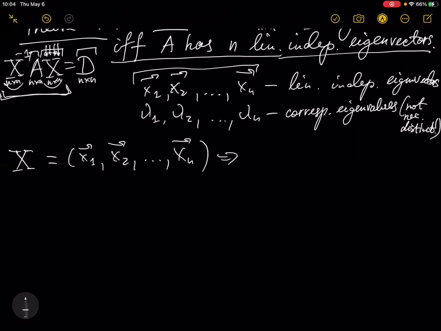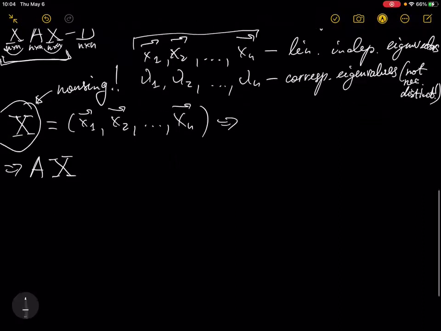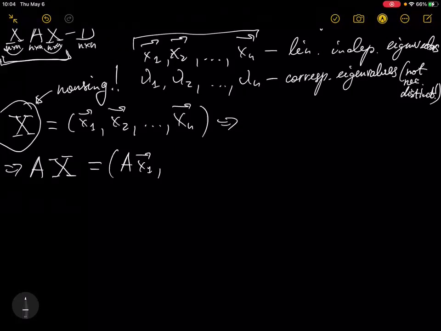This matrix is, by the way, non-singular. Is it clear that this matrix has to be non-singular? It's clear, because all columns are linearly independent. Okay, so if I apply my matrix A to the matrix X, what will I get? I will get essentially A x1. So how do I multiply a matrix by a matrix? I multiply the matrix by every column, right?